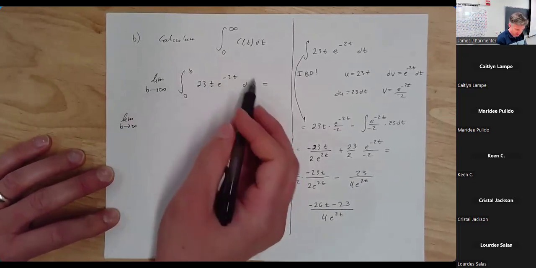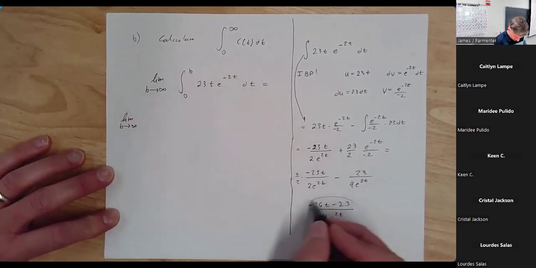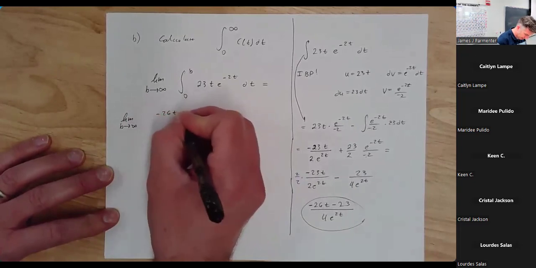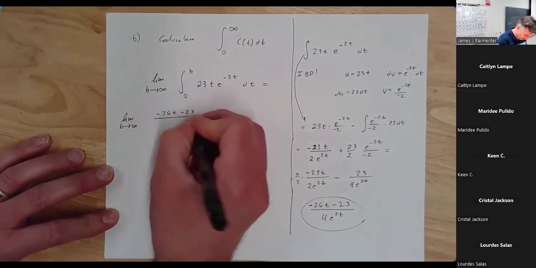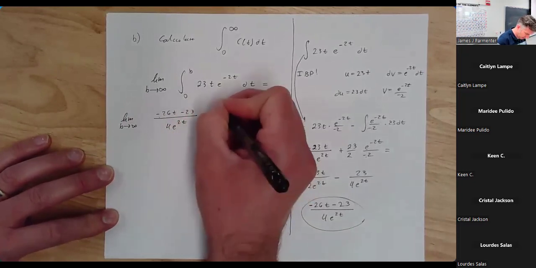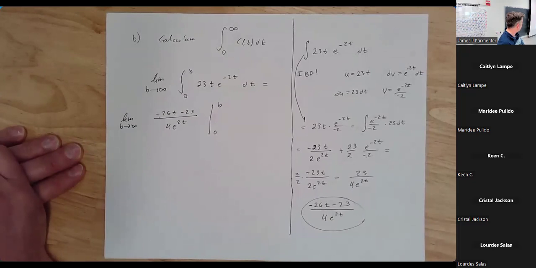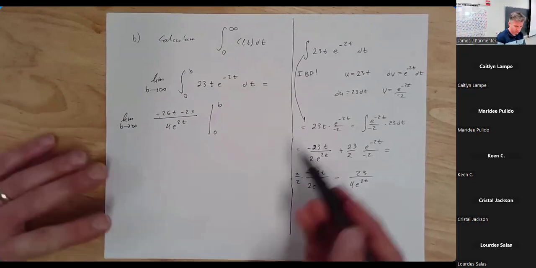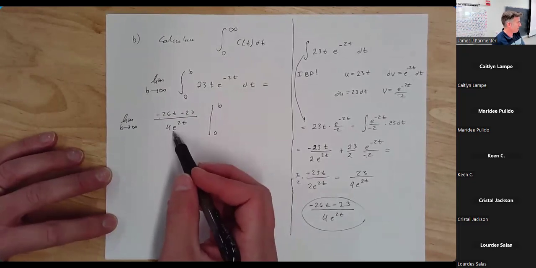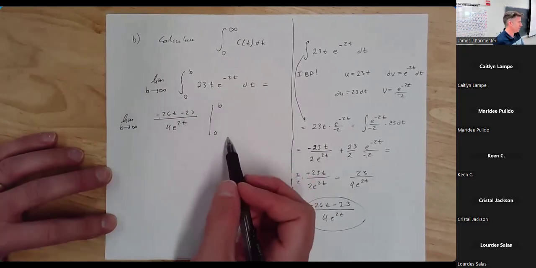We just did the antiderivative of that. It's going to be negative 26t minus 23 all over 4e to the 2t evaluated from 0 to b. Hopefully you can see why I chose to do all this on the side and then just plug the antiderivative back in here and then plug in b and 0 and then take a limit of that.